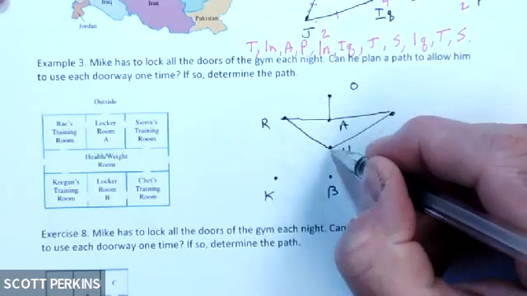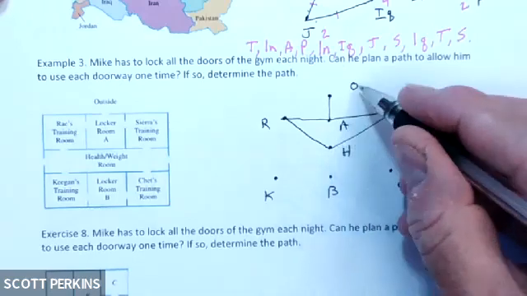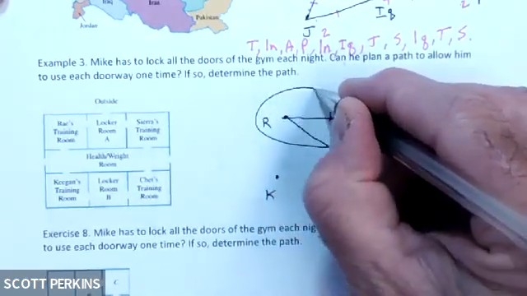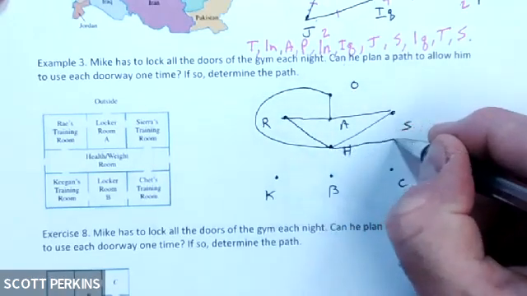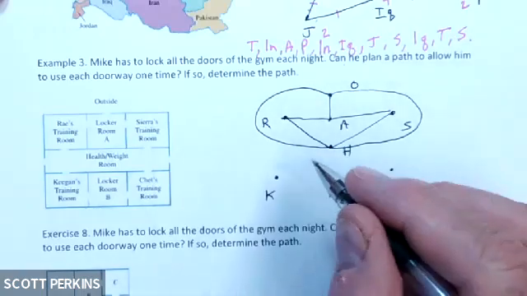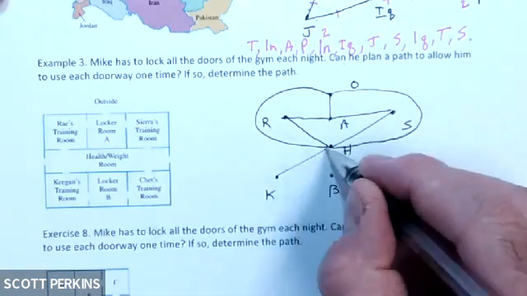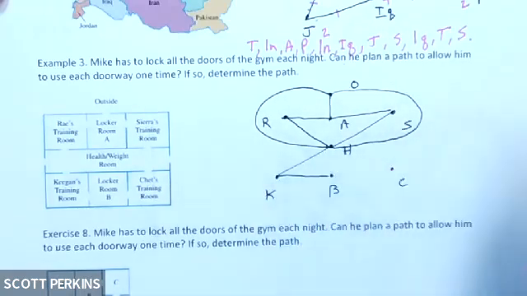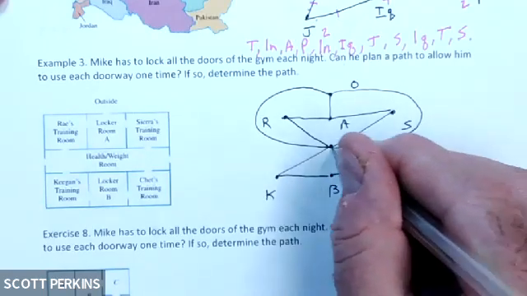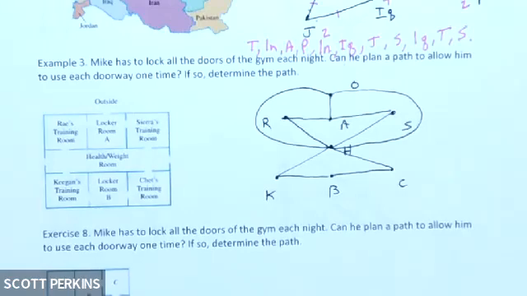And if you remember, I told you we could draw these edges through the other ones, but just to avoid any confusion that might engender, I'm going to go ahead and draw these two doorways around like that. And then Keegan's goes into the health room and also into locker room B. And locker room B goes into Chet's, and Chet's goes into the health room. So I think we covered all of our edges.